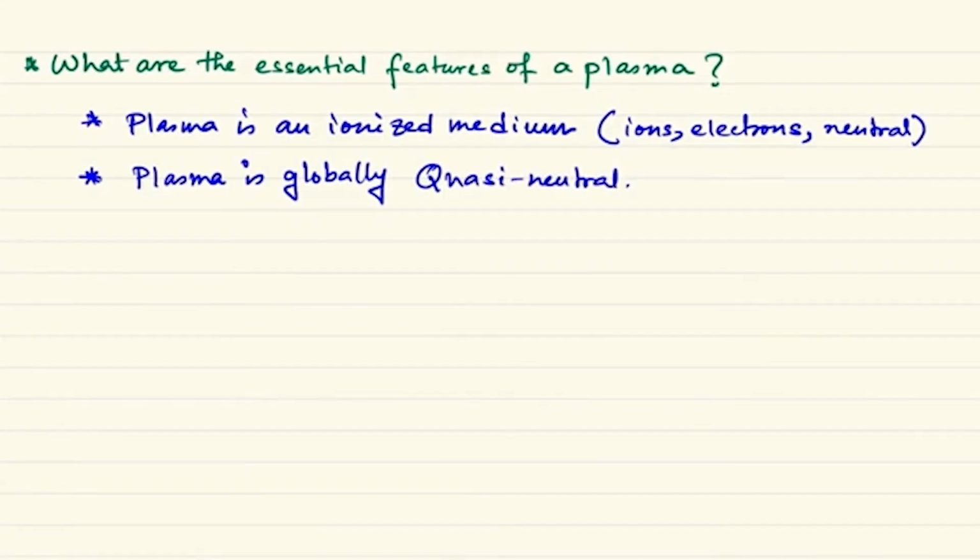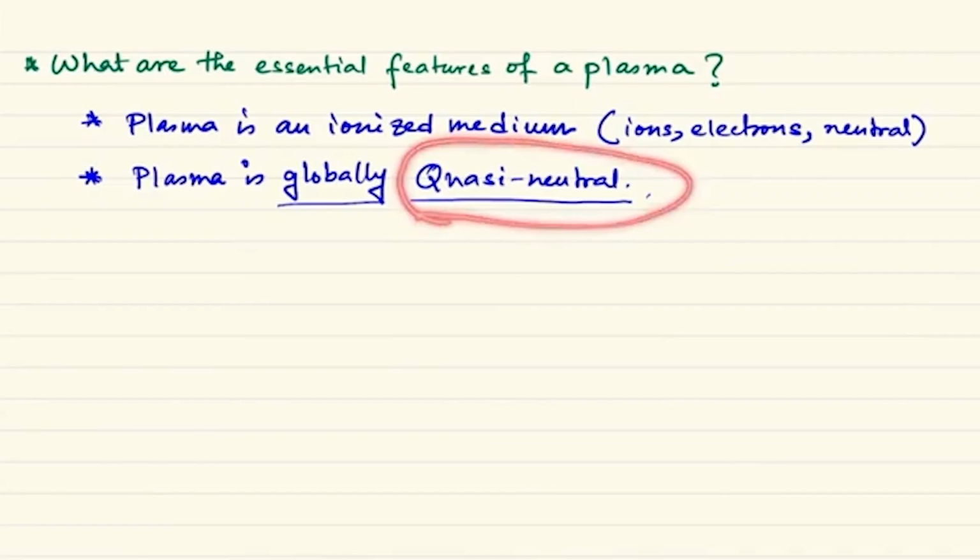Now there are two points. One is globally, one is quasi-neutral. What is the meaning of that? First of all, globally simply means that quasi-neutrality is not a property which is true at every point in a plasma.